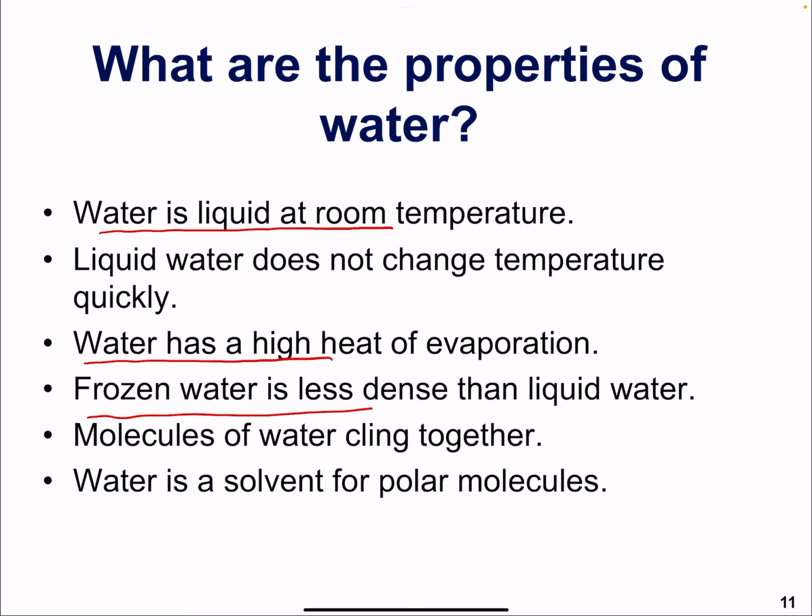Frozen water is less dense than liquid water, which causes frozen water to float on top of liquid water. The molecule of water can cling together and form drops of water. Question is, how do they cling together? What causes them to cling together?